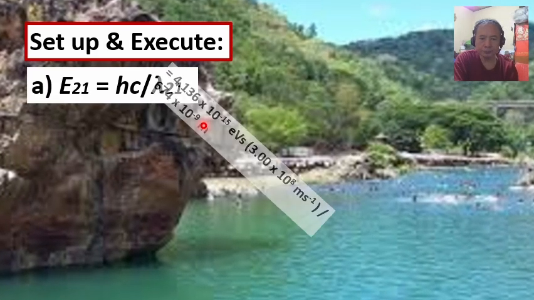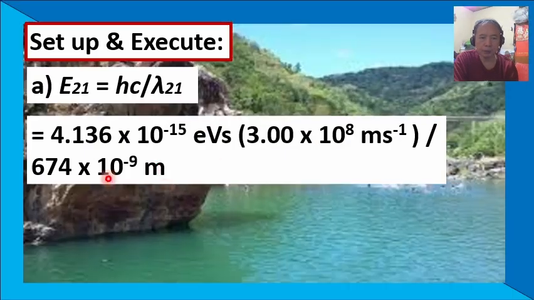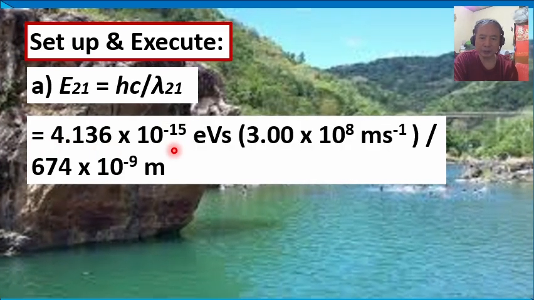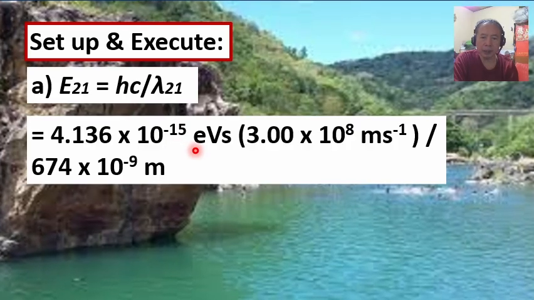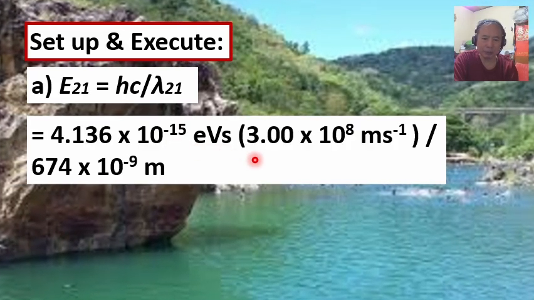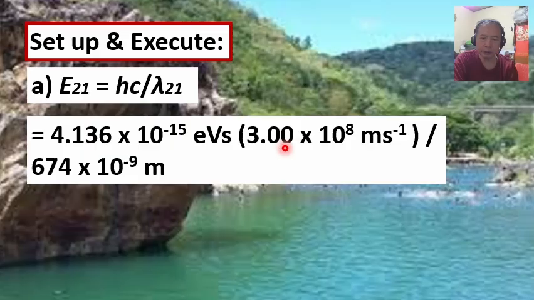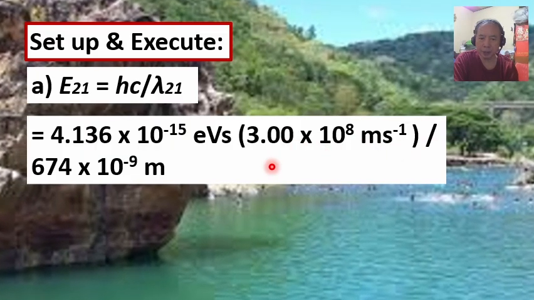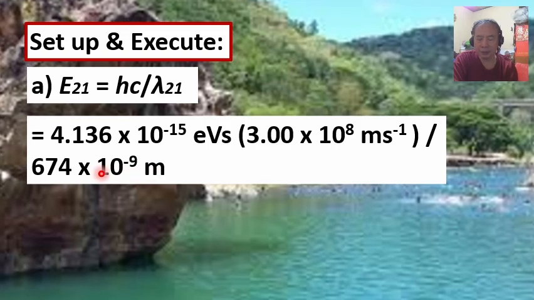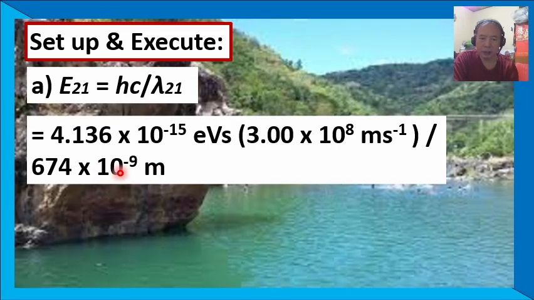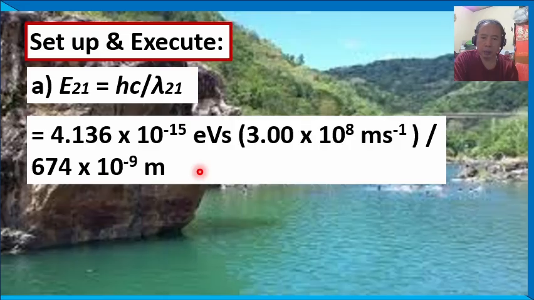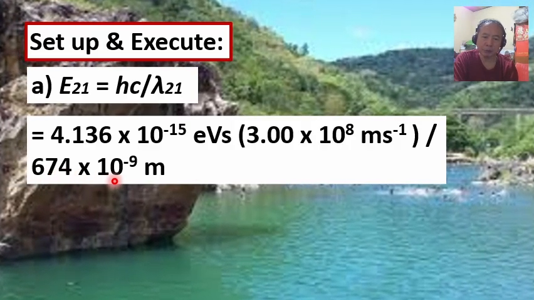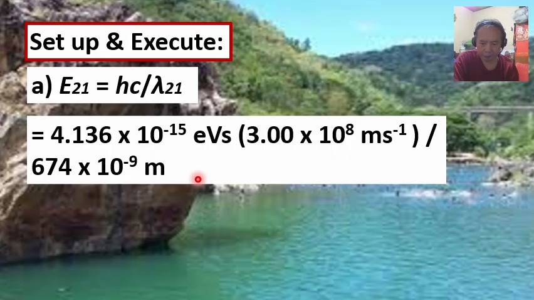That is, E sub 21 equals 4.136 times 10 raised to the negative 15 electron volt second multiplied by 3.00 times 10 to the 8 power meter per second, and then divided by the given wavelength lambda sub 21, which is 674 times 10 to the negative 9 meter.